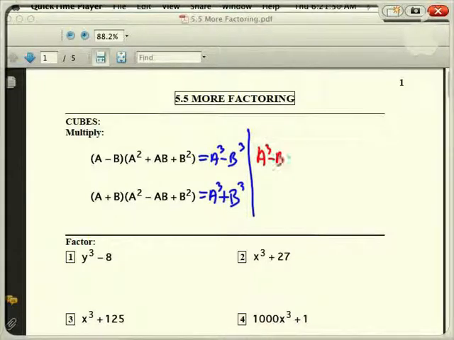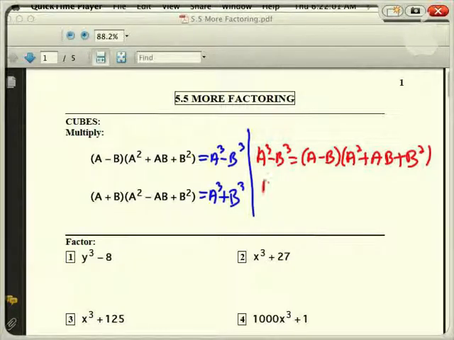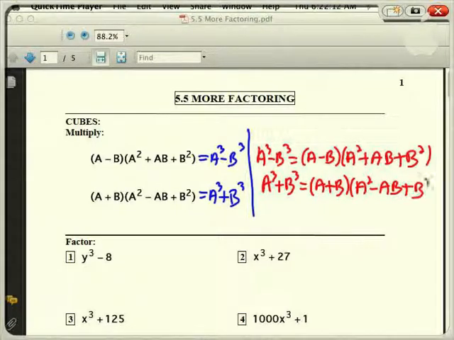A cubed minus b cubed is a minus b times a squared plus ab plus b squared. And a cubed plus b cubed is a plus b times a squared minus ab plus b squared.